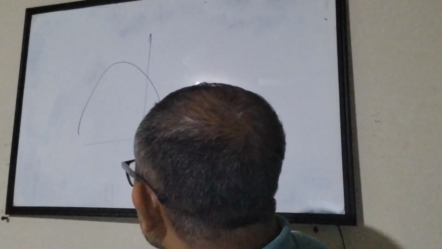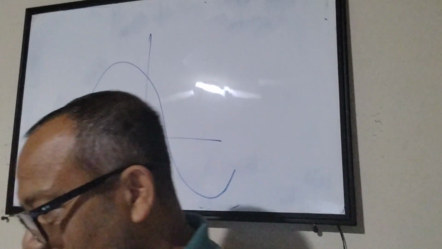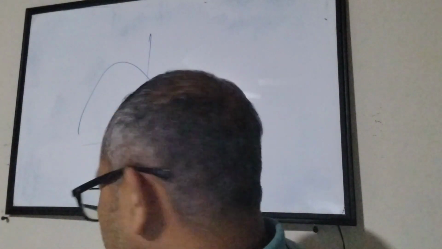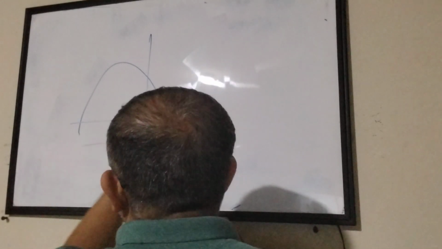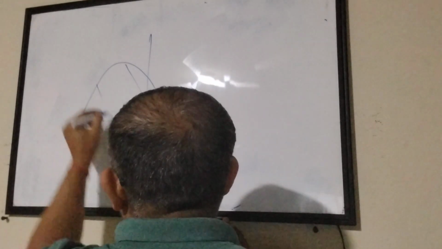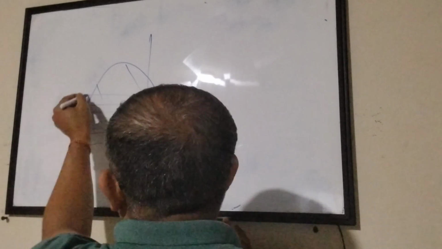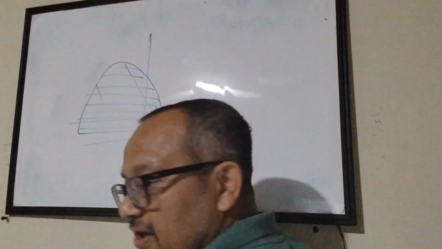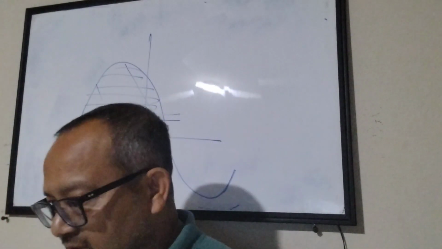Non-inversible. Yes. Why so? Because it doesn't pass the horizontal line test. In this range, at least from here to here, you can draw so many horizontal lines which will make this fail the test, and that is why it is non-inversible. Correct?